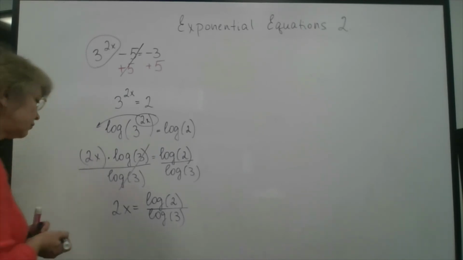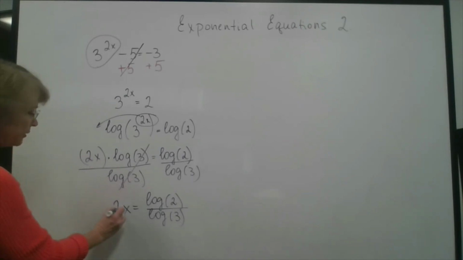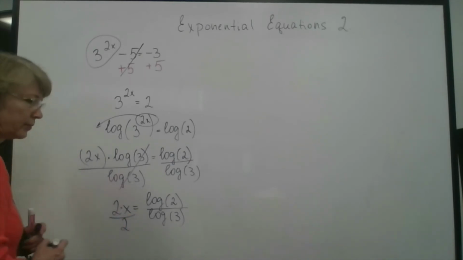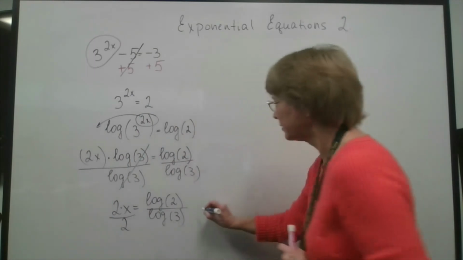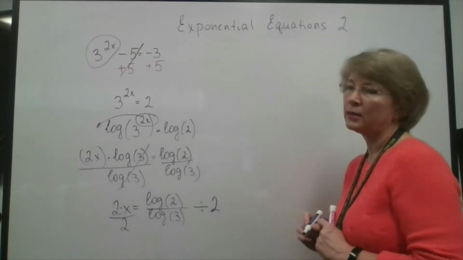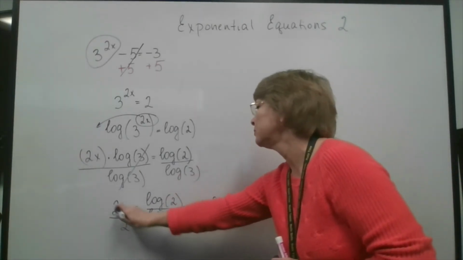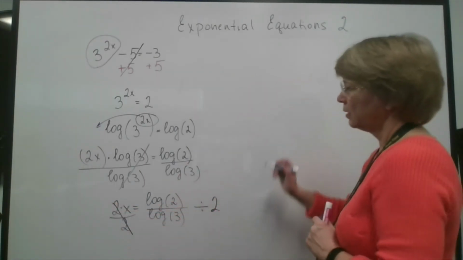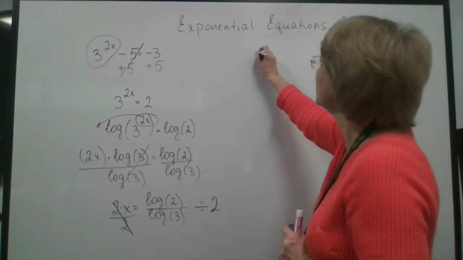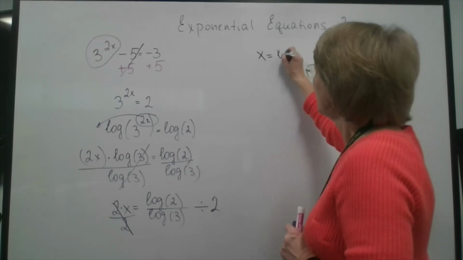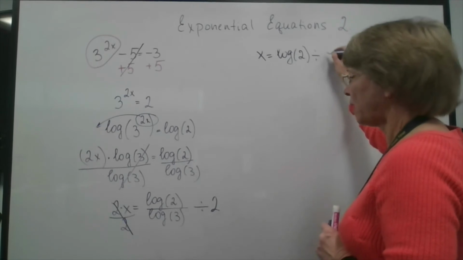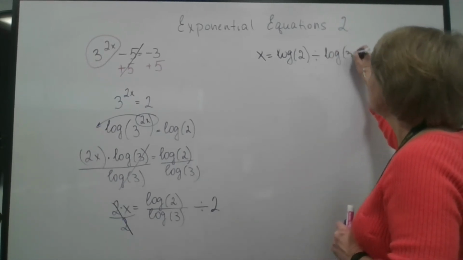How will we solve this equation? Because it's multiplication here, we will divide by 2. And to eliminate mistakes, you have to divide like this. On this side, 2 and 2 will cancel out. Please check that you know how to type this on a calculator. It should look like this: a logarithm of 2 divided by a logarithm of 3.